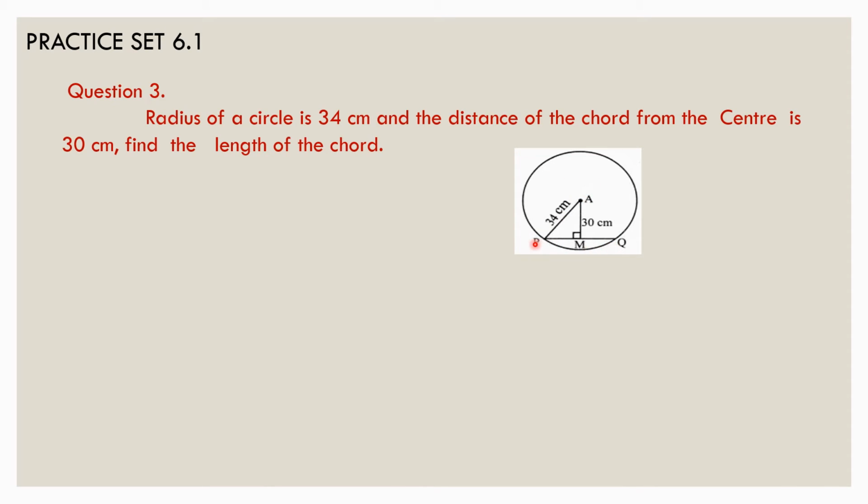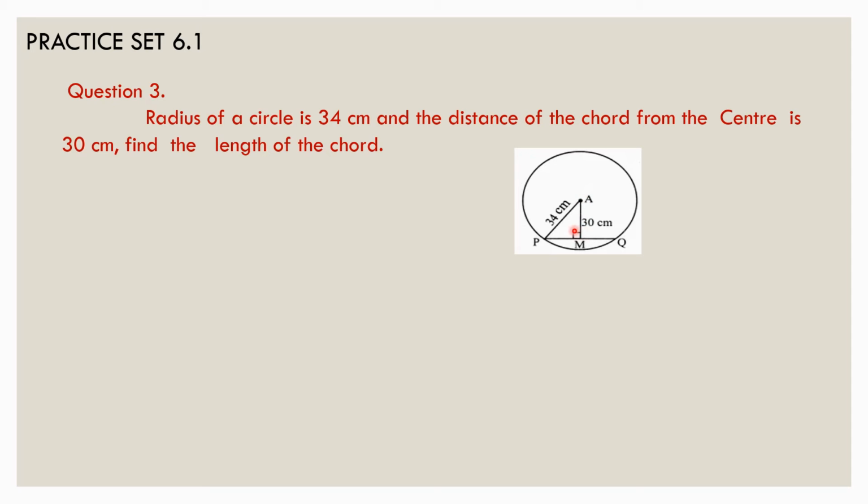And here AP is the radius of the circle, and it is given that the radius is 34 centimeter. That means PA is equal to 34 centimeter and the distance of the chord from the center is 30 centimeter. That is AM is equal to 30 centimeter.